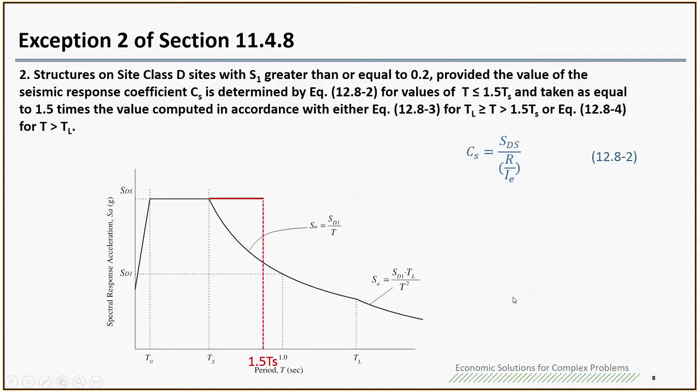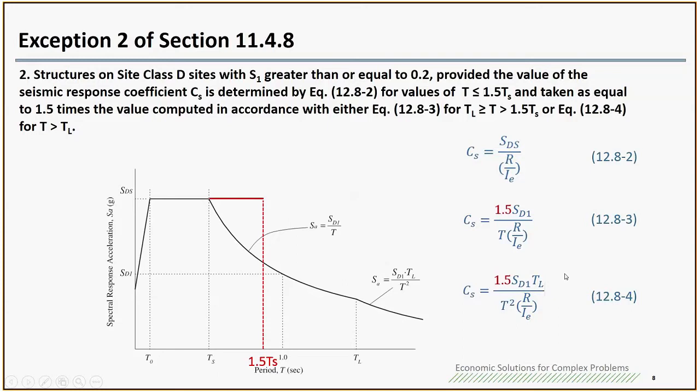The second part is for equations 12.8-3 and 12.8-4. Basically, for those equations, if you want to calculate the seismic response coefficient CS, you need to use 1.5 times SD1, or you need to apply the 1.5 factor here. Remember the R factor, the ductility factor and the importance factor won't change.